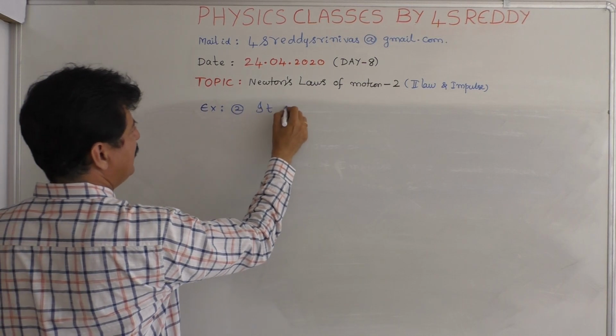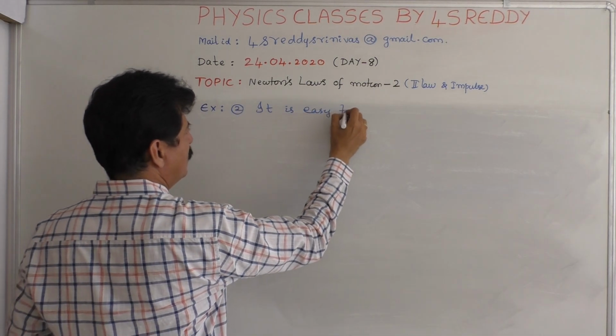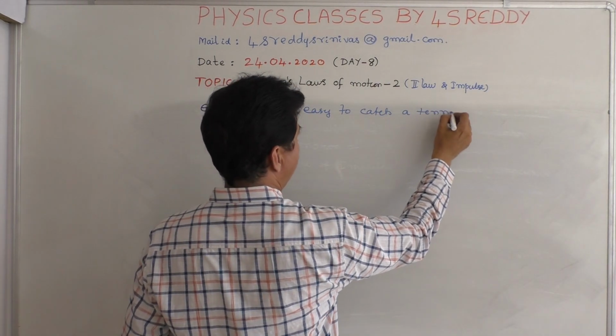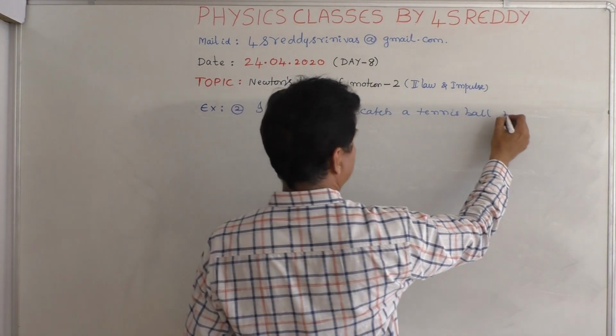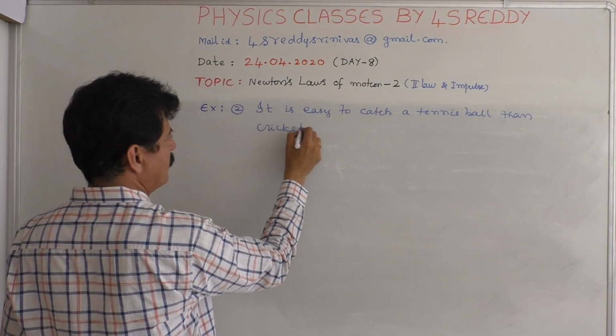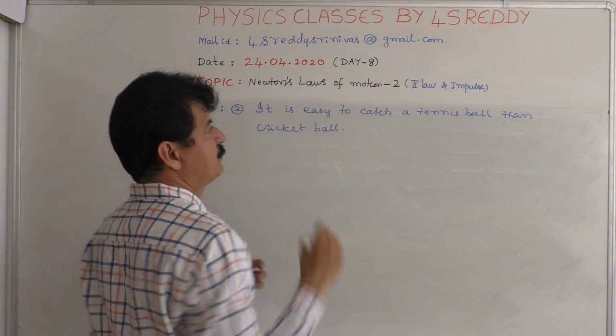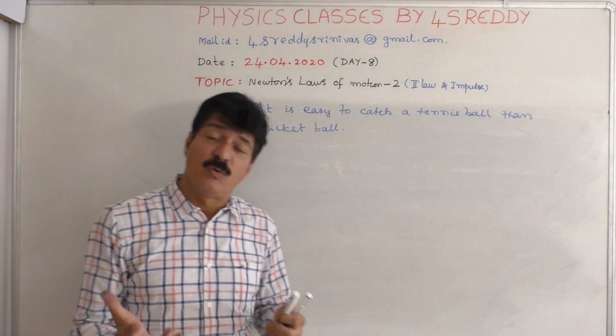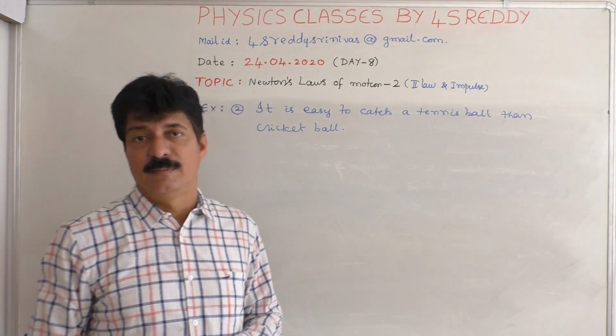Another example: it is easy to catch a tennis ball than a cricket ball. Why? You may be asked like that.